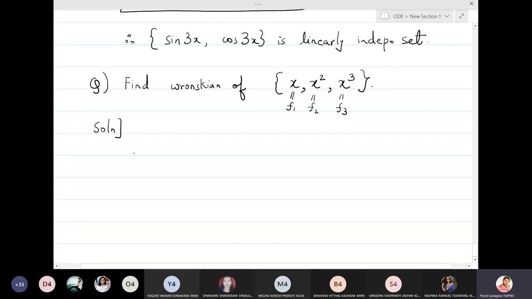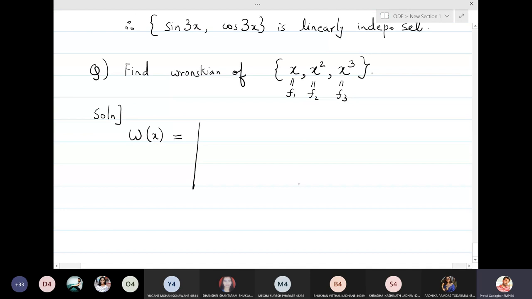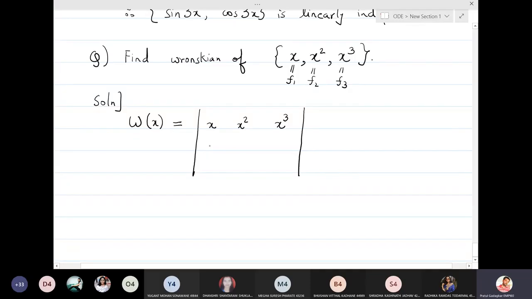So the Wronskian of x is equal to the determinant. The first row is the functions x, x square and x cube. The second row is the derivatives: 1, 2x and 3x square.